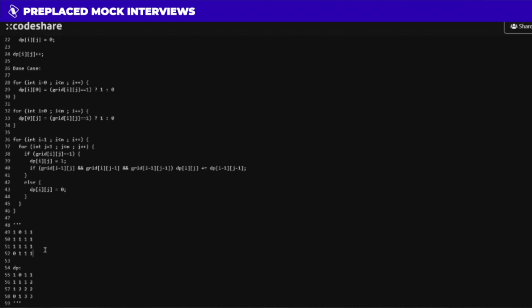Okay, so what is the total number of squares? There are many of them actually.